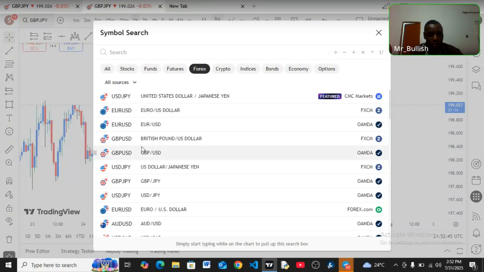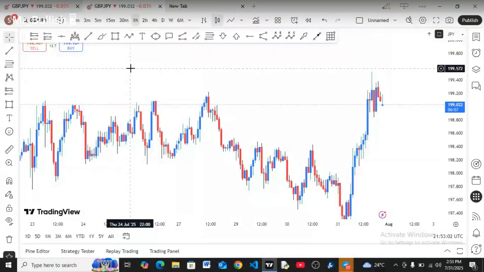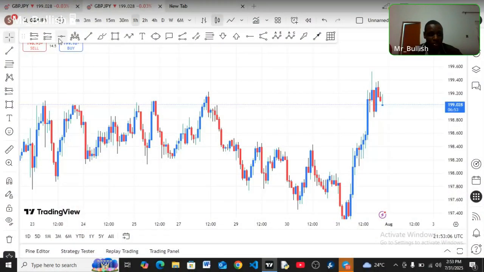This is British pound, US dollar: GBP is your base, US dollar is your quote. For every currency pair, the first currency is the base currency, while the second currency is the quote currency. So this is the base and this is the quote. Guys, hope you are understanding me.